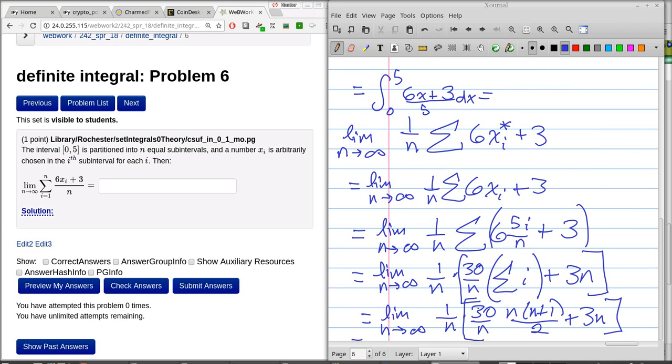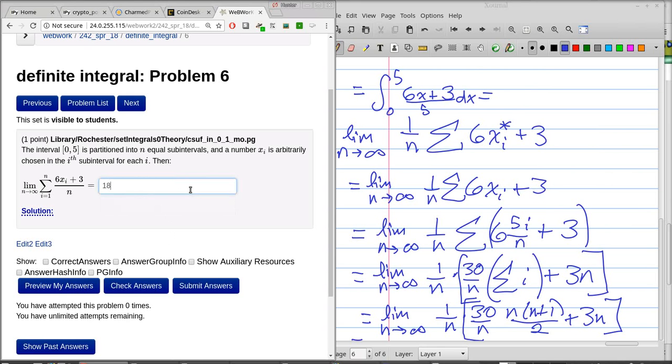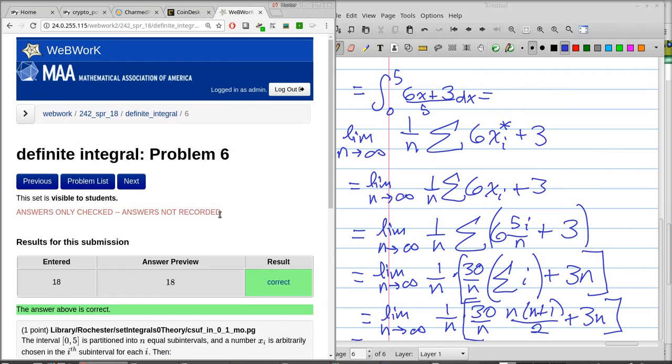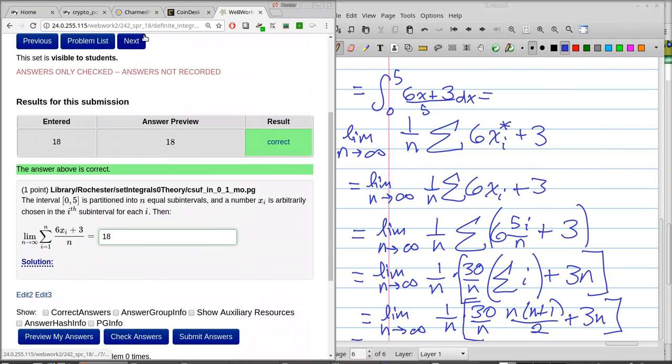And what should you get? On the bottom here, everything's going to be plus this 3. And you're going to have 30 on top and 2 on the bottom. So it's going to be 15 plus 3 is 18. Correct.